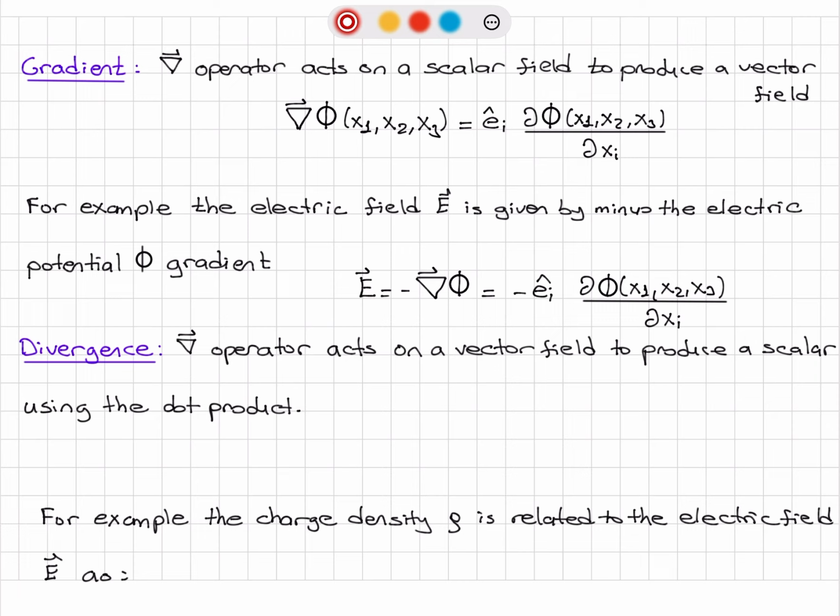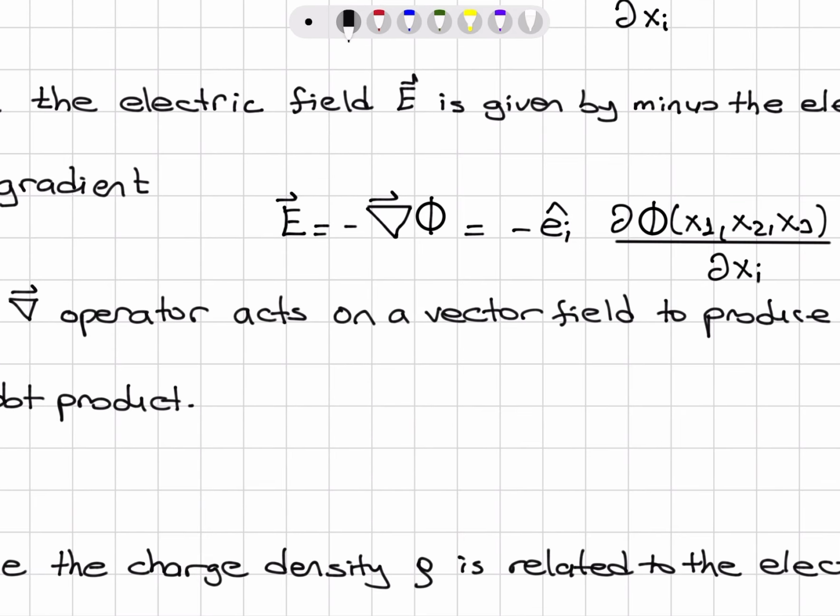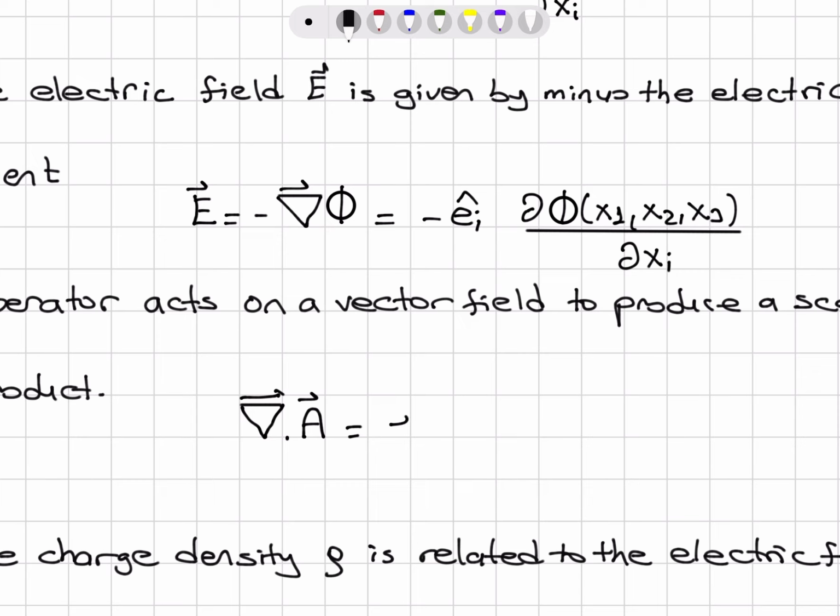Divergence, on the other hand: the del operator acts on a vector field to produce a scalar using the dot product. So when I apply the del operator on a vector field with the dot product, with vector A, this will be ei hat, my del operator, partial derivative with respect to xi, dot product with my vector A, Aj ej hat.